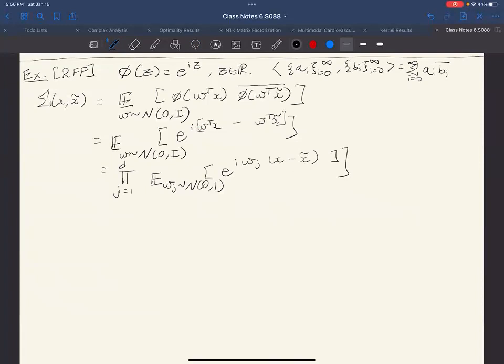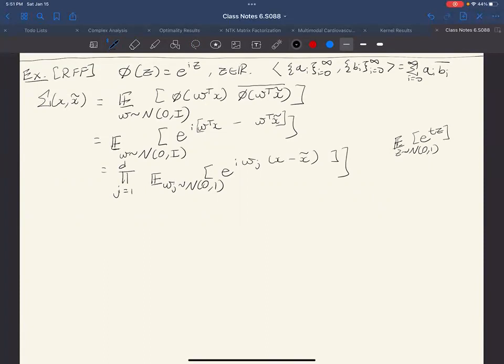Now things are looking good for me, because if you recall from the introduction notes and the first problem set, this is the expectation. Remember, before, if we considered the expectation of some random variable z drawn from a standard normal, and we try to look at e to the t z, we did this trick of completing the square and computing that integral.